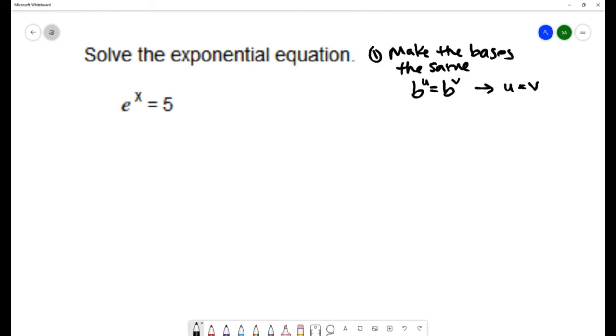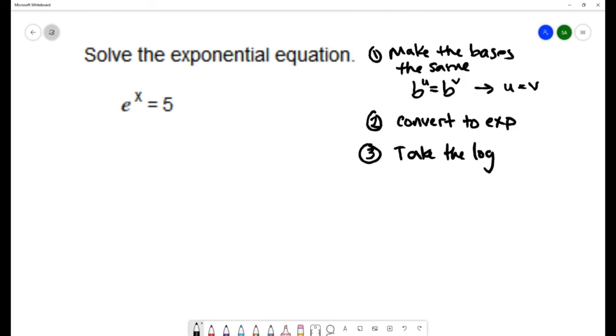The other two methods for solving exponential equations are to convert to an exponential, and the last one is to take the log of both sides. These two methods, the answers don't look quite as clean, as nice. The answers are probably going to have logs in them.